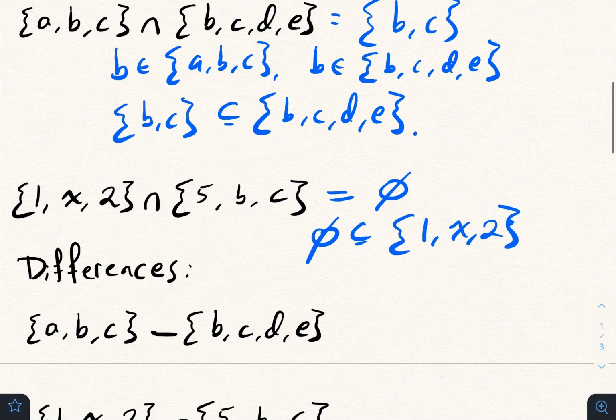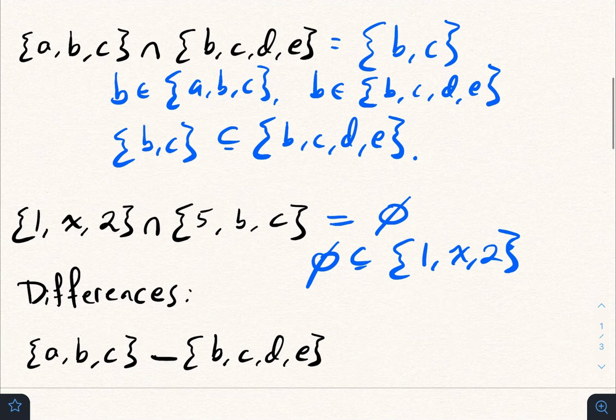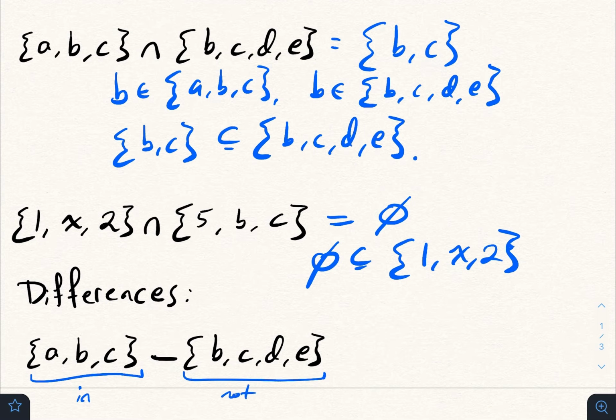All right, differences. When you take a difference, you take this set minus some other set. What you're doing is you're taking everything that is in this set that is not in this set. So in here, but not in here.